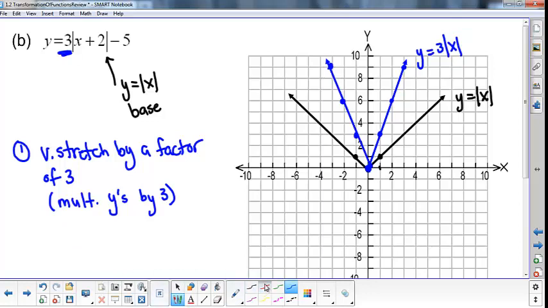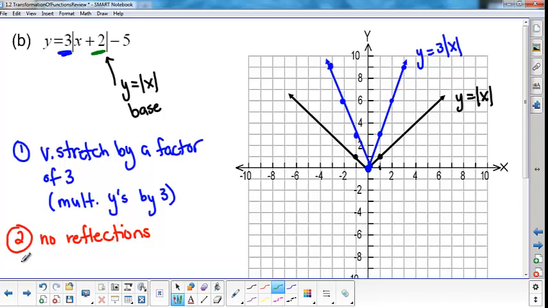Okay, so next we need to look for any kind of reflections, but there's no negative a value and there's no negative k value, so there will be no reflections. And then finally, we need to take a look at any translations. So we have a +2, which is inside the bracket, so that's going to be our horizontal translation.